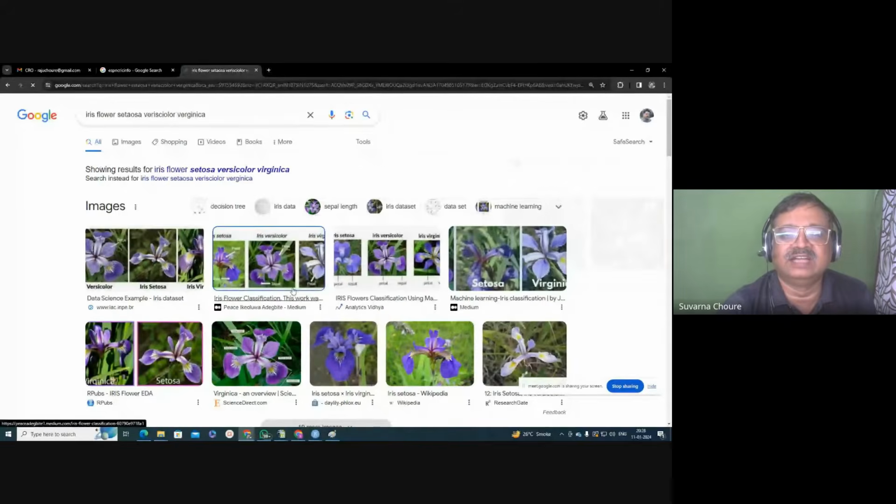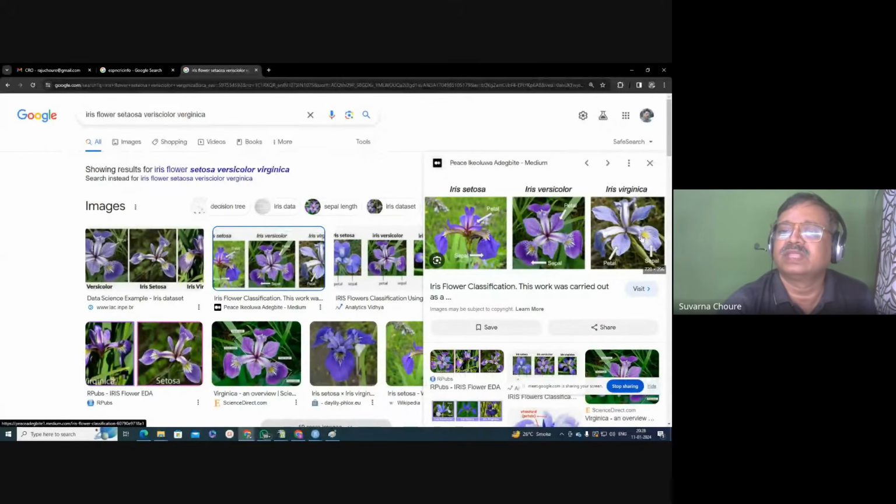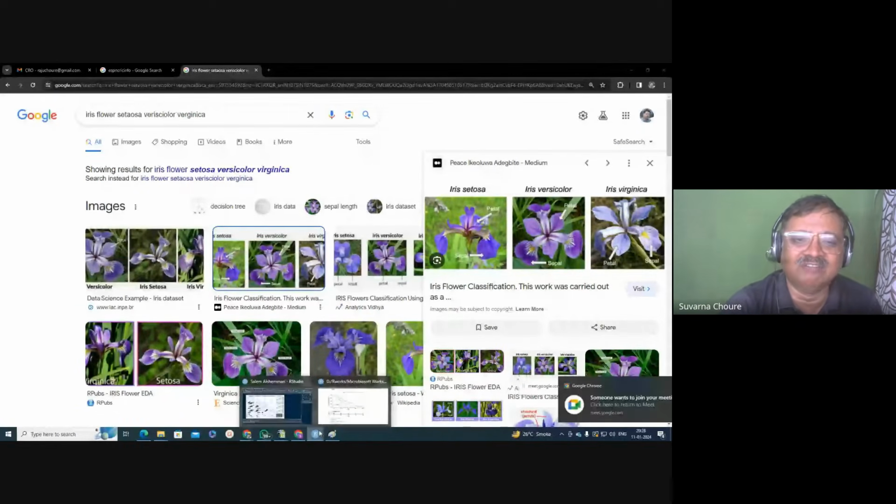Setosa has small sepals. The others have longer sepals, and small petals are there. The differences are there, and using these differences we can classify these flowers.